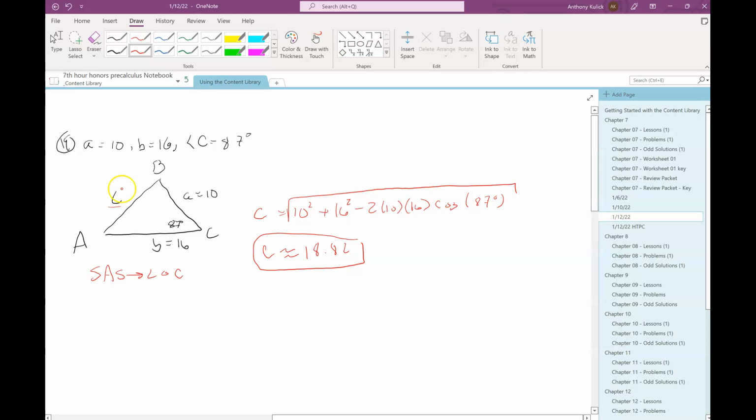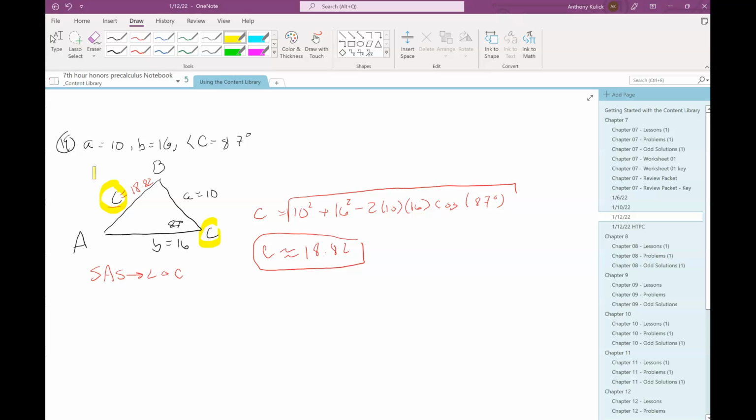Okay. So now I know an angle and its opposite side, so the law of sines is now available to me, right? And I really have enough information to solve for either angle A or angle B right now immediately. Now I want to be careful here though, because right now technically I'd be in an SSA situation in both cases.